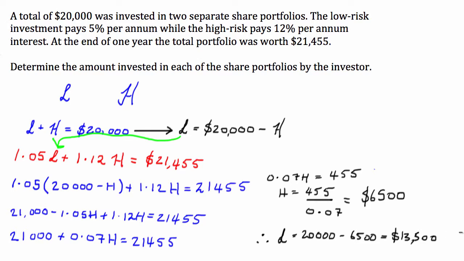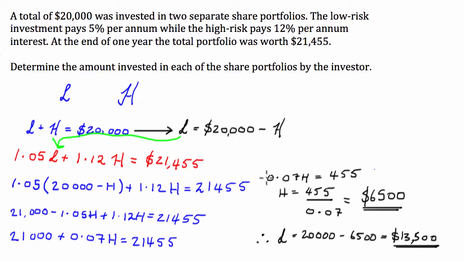So what we've just done there is we've been able to solve for both L and H in this equation. So the investor would have invested 6,500 in the high risk portfolio and 13,500 in the low risk portfolio.